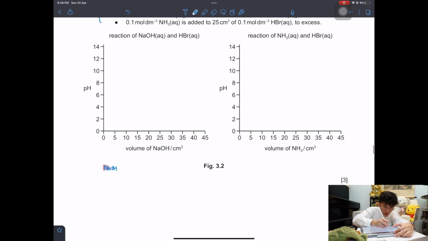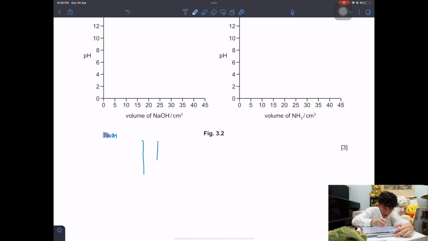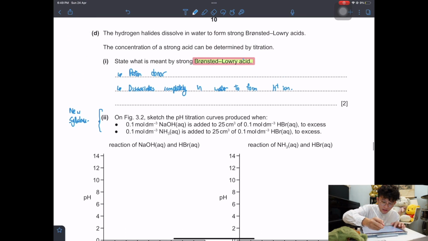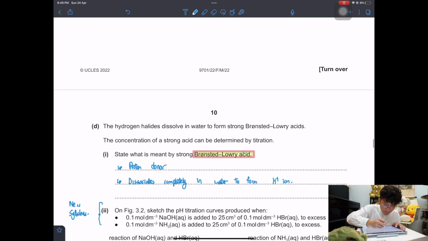Okay, if I draw it out, this is how it looks like. Sorry guys, we are a little bit rushed here, so my drawing is going to be super ugly, don't mind me. And I have a conical flask. This is HBr inside, right? So I'm titrating it. The moment you measure pH, the initial pH is going to be acidic. HBr is a strong acid, correct?